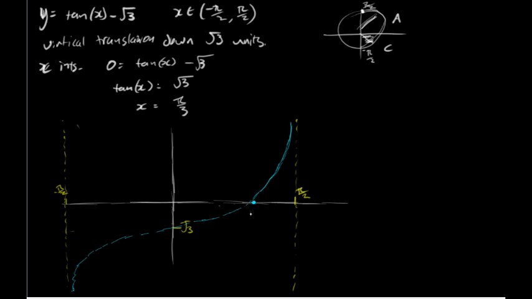Should look something like that. Okay, so that's all we need to do for that example. So as you can see, it's pretty much the same. We've just moved down square root 3 units.